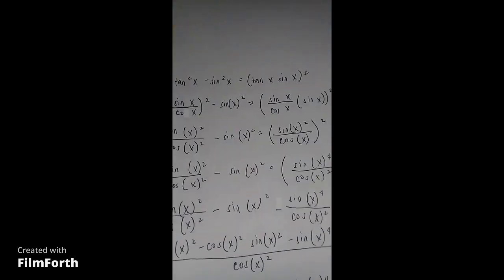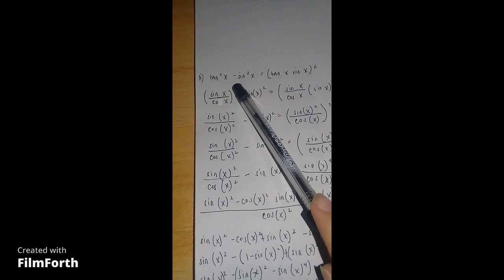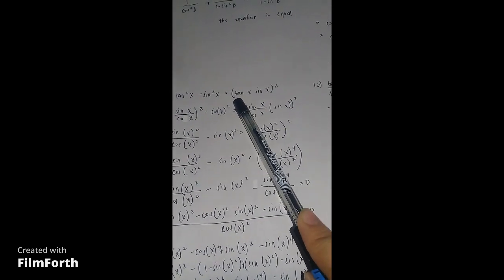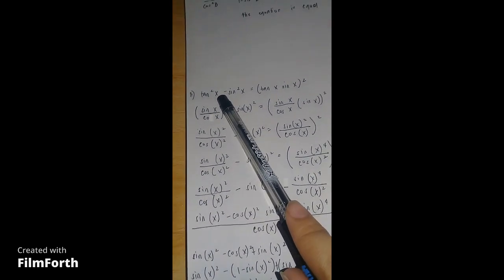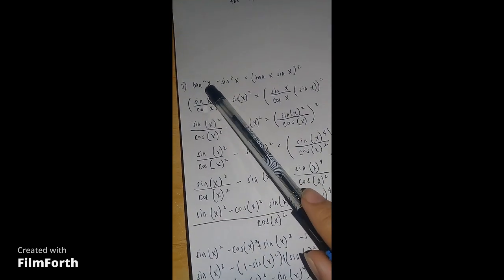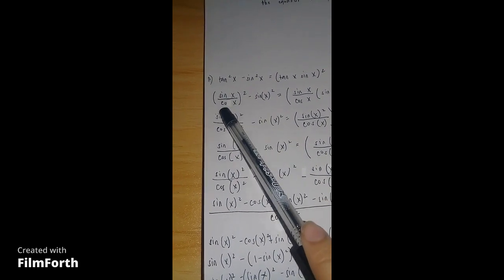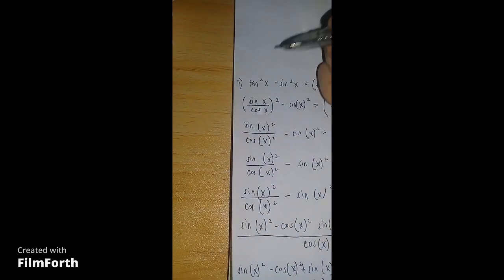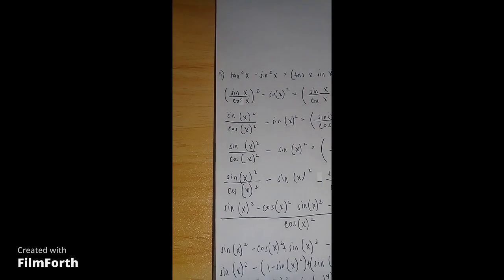So let's go to number 11. We have here tangent squared x minus sin 2x equals the quantity tan x sin x squared. So tan squared x is equal to sin squared x, and I forgot to put cos here, so over cos x squared.